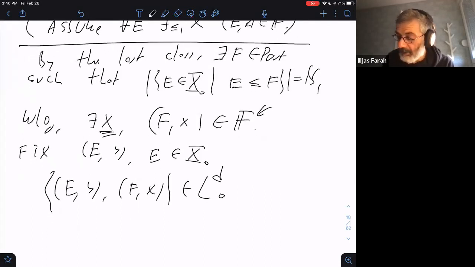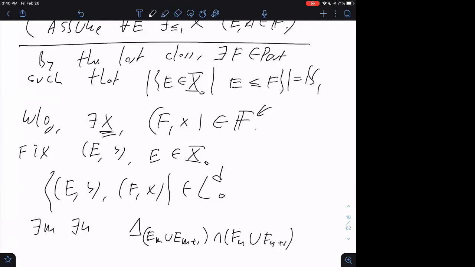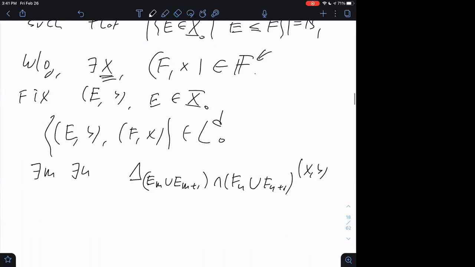Now, what does that mean? It means that there exists an M and there exists an N such that delta of E_M union E_{M+1} intersected with F_N union F. Sorry, Ilijas, yes. But why do you say that EY, FX belongs to L_D0? FX is out of X0.